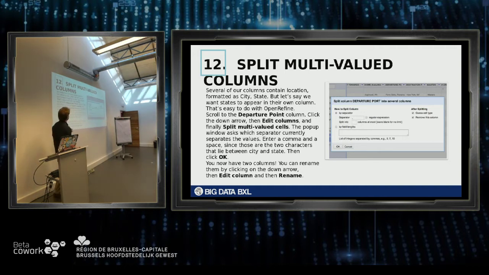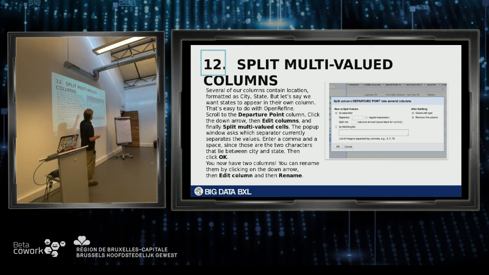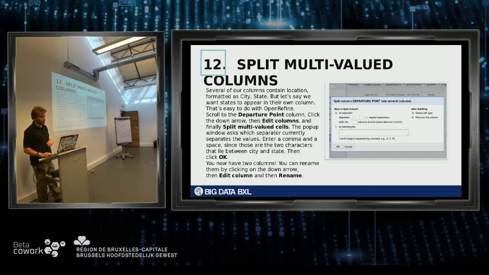In this case, it's actually a column where you have a city, a comma, and then two letters for the state in the United States, or the country if it's in another country. In that case, you can tell OpenRefine very easily to split that column into multiple columns. Just look for commas which are going to separate the cell into multiple parts, and you can go ahead and it's going to split that column into multiple ones.